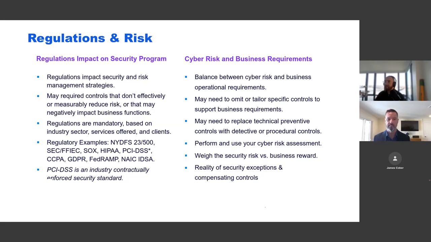Now, jumping forward to regulations and risk: regulations, unlike frameworks, are one of the areas where adherence is mandatory. You could select a framework, but regulations you cannot select. They can have negative impacts on your program overall, and generally on the business, placing different requirements on them that can really not do much to mitigate risks.